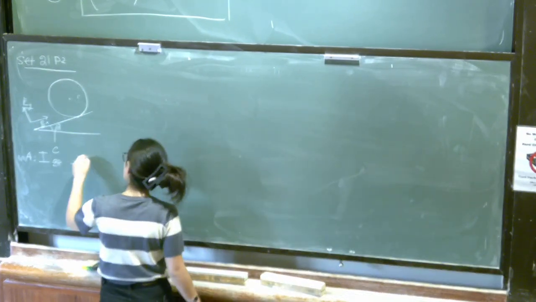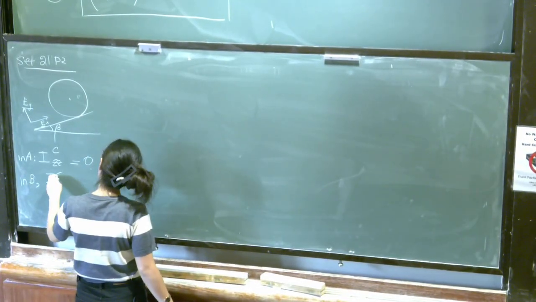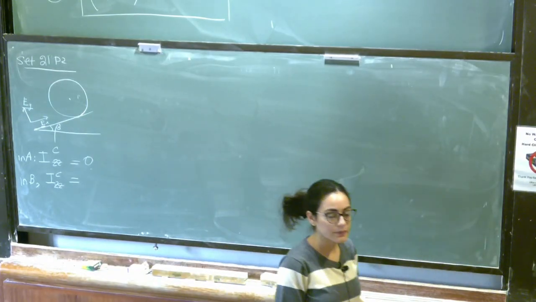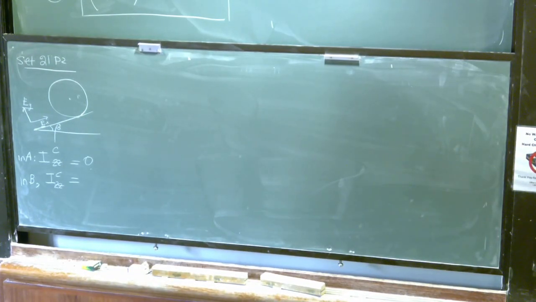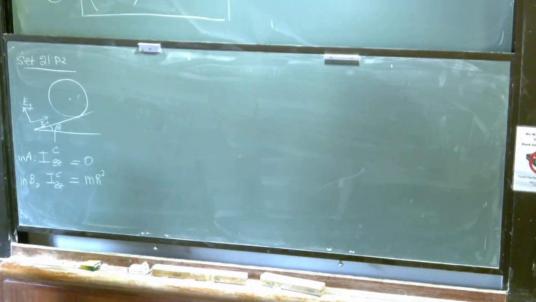So that's 0. Whereas in B, what is I_CZZ? In B, all the mass is concentrated at the rim. So what is I_CZZ for B? mr squared, right? It's the simplest possible moment of inertia. All the points are equidistant from the center of mass, mr squared. So it's exactly the same problem. The only difference is going to be the I_CZZ value in A and B.